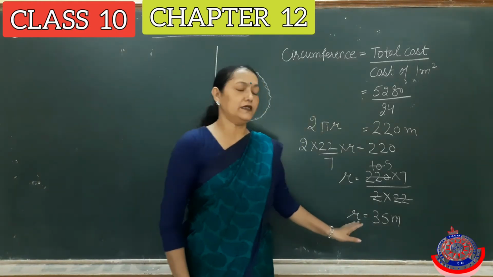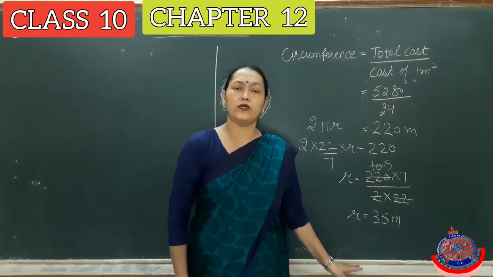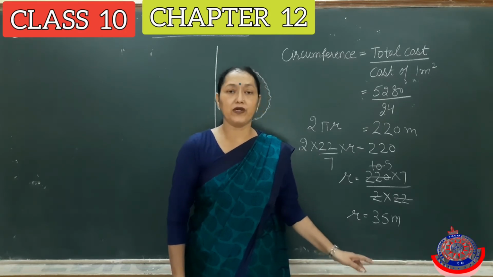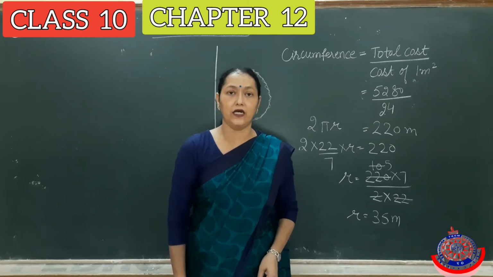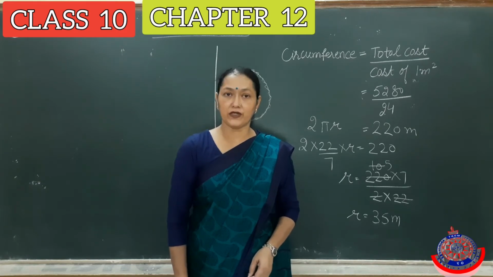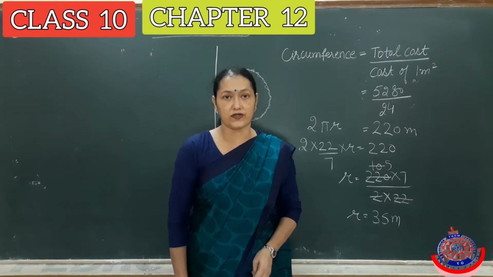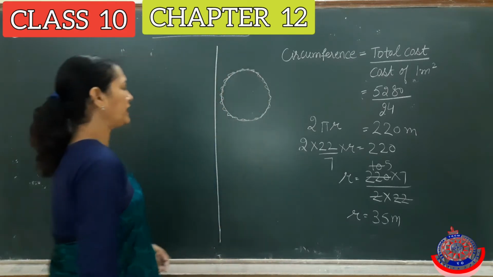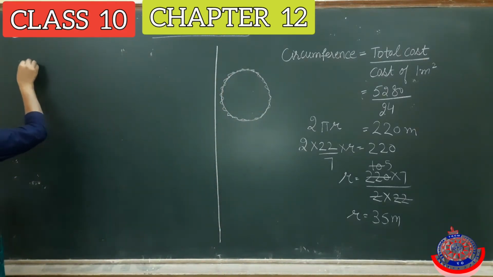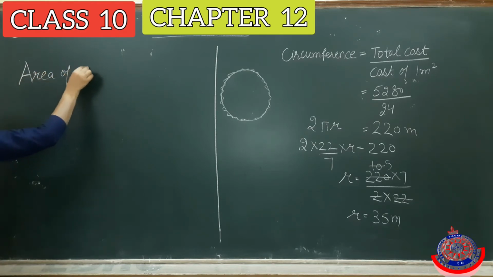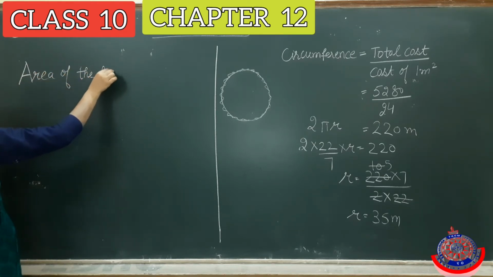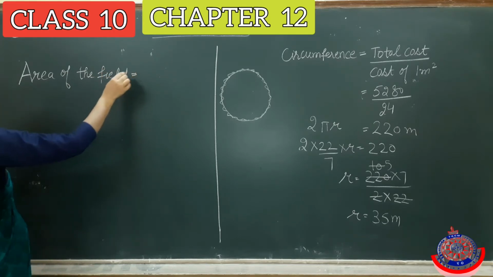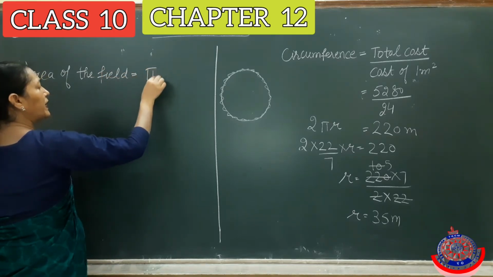After that they have asked about the cost of plowing the field. Plowing means they are asking about area. They have given the cost for 1 meter square and they are telling us to calculate the total cost. That means first of all we will have to calculate area of the field. For area of the circular field, we have to use pi r square.